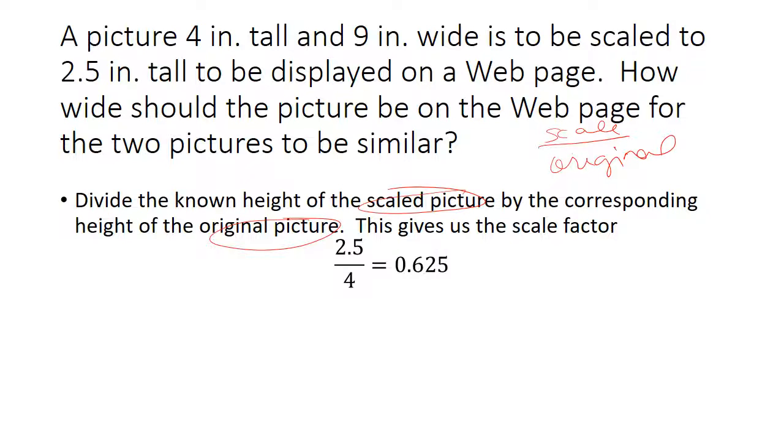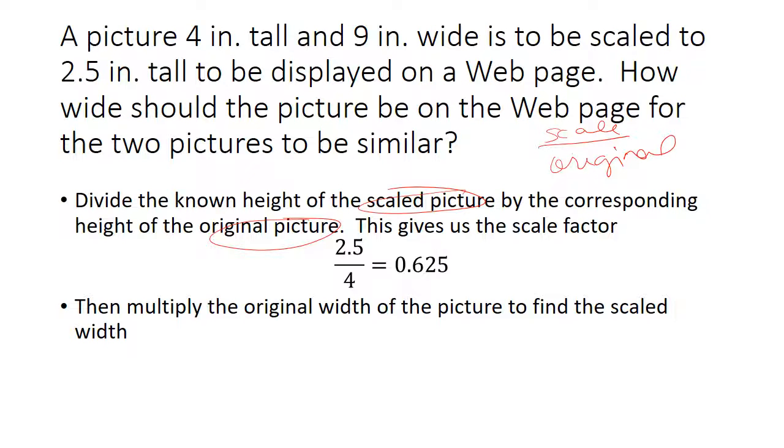So our scale factor is 2.5 divided by 4, which is 0.625. We multiply it by the original width, which is 9 inches. So 9 times 0.625, and we find out that our picture should be 5.625 inches wide.